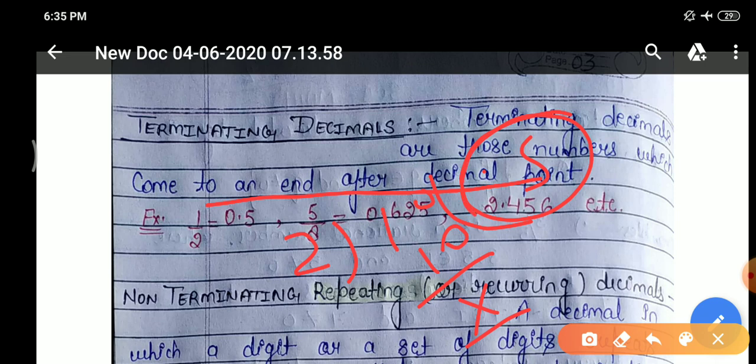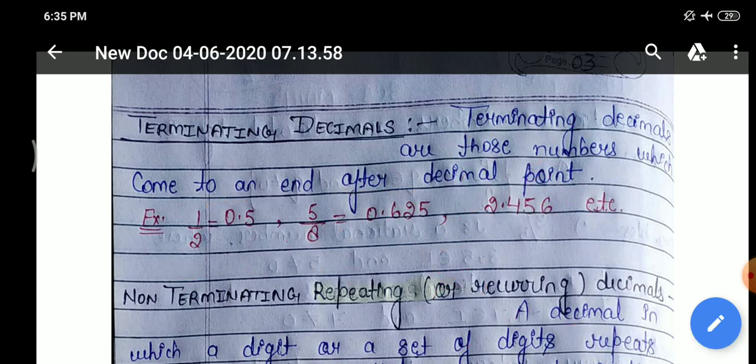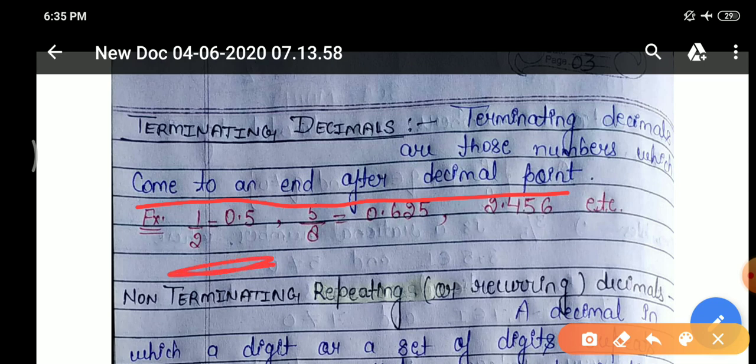Then this is a terminating decimal. Here the digits come to an end after the decimal point. See the definition: those numbers which come to an end after the decimal point, and here 0.5 is a fixed number.